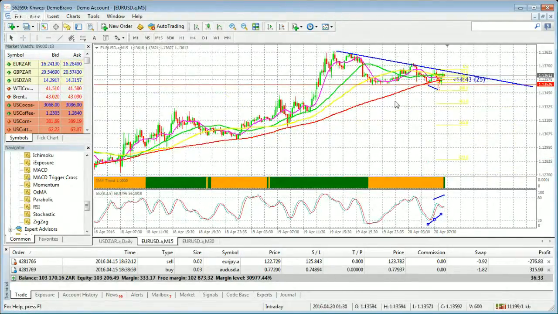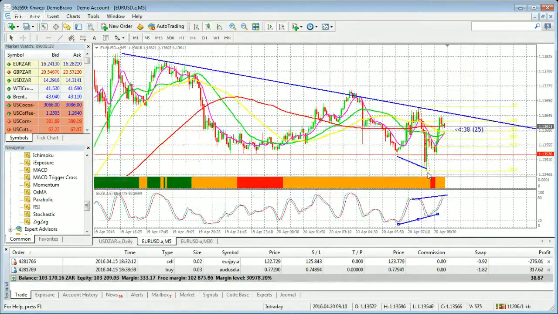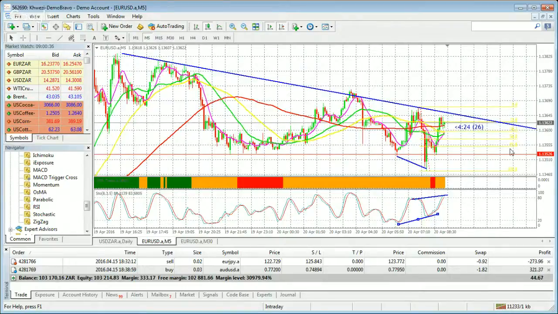Okay, because of that, I'm going to ignore that signal now, because they have to go in the same direction. So it's going to be a wait. We might get a slight pop up and then a pop down, again towards the support level. Just going to have to wait and see exactly what the market wants to produce with that.